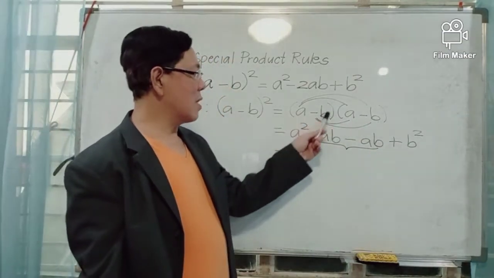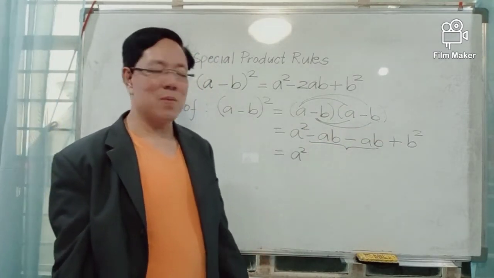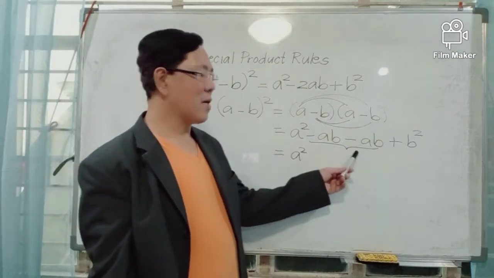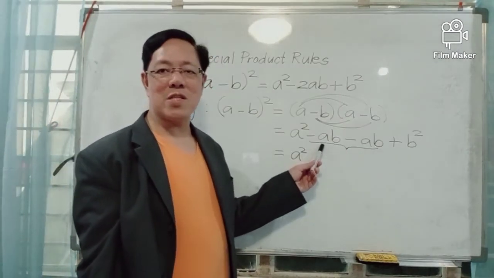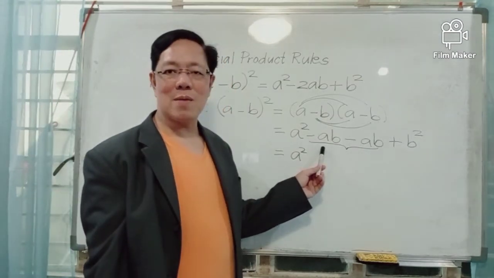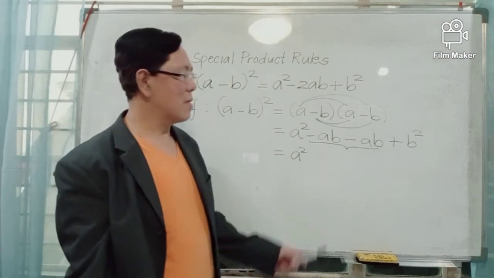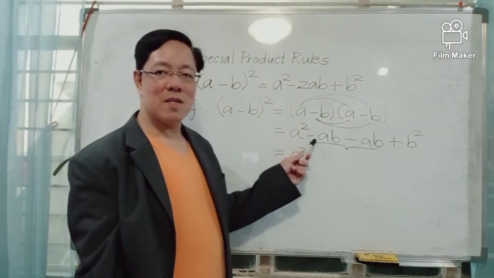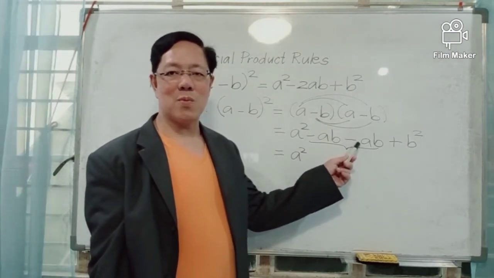After removing the grouping symbols, we combine like terms or similar terms. And the middle terms are the like terms. They have common literal coefficient of AB. And to combine like terms, we add the numerical coefficients of the like terms. The numerical coefficient here is negative 1. Numerical coefficient here is negative 1.